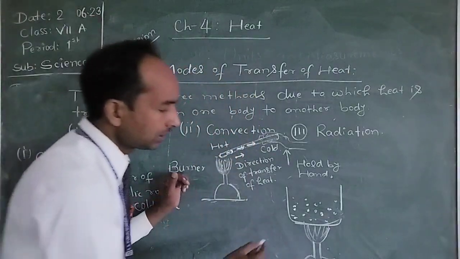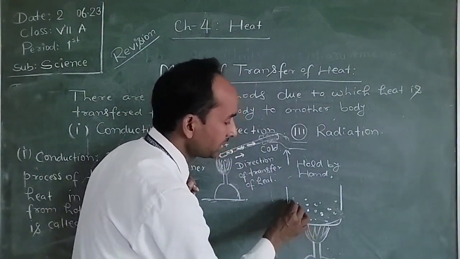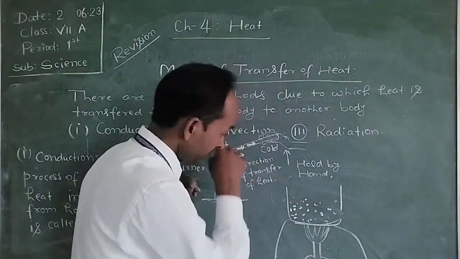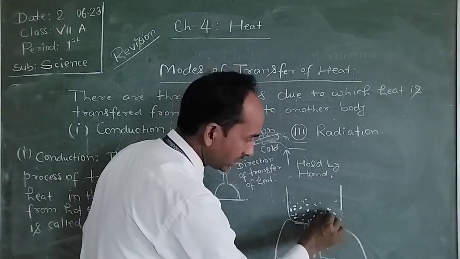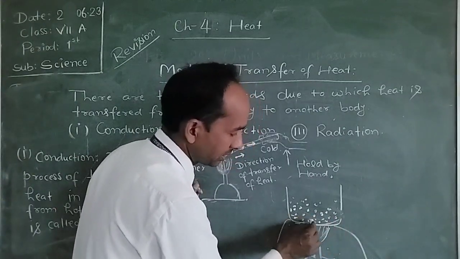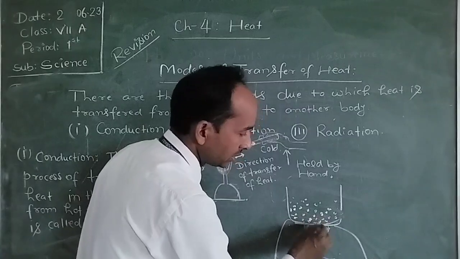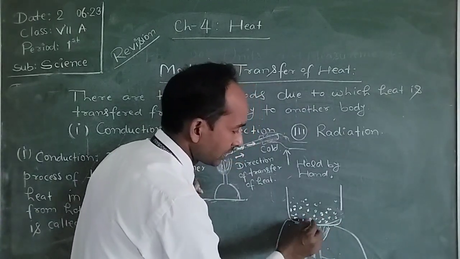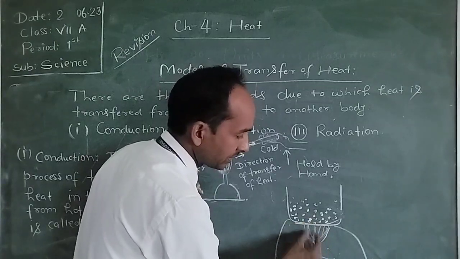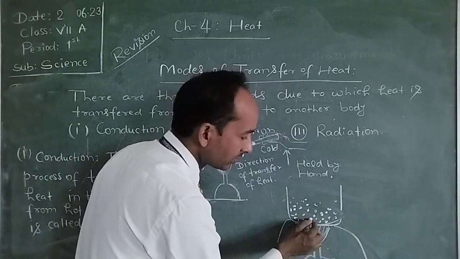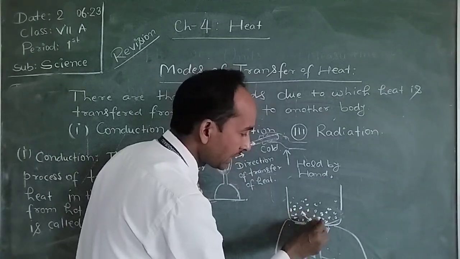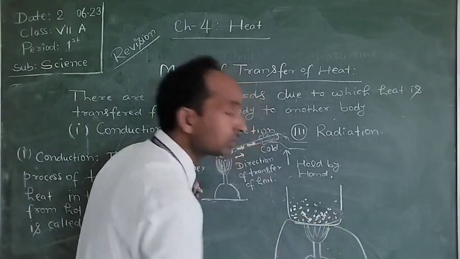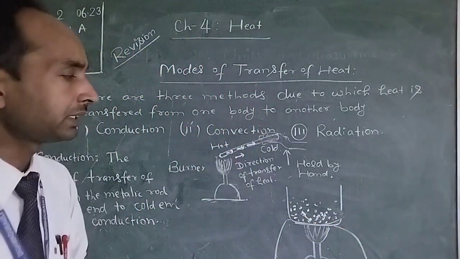We see that when it is heated on the burner, the molecules of water near the burner get heat from the source of heat, and they become warm, and when they become warm they become lighter.